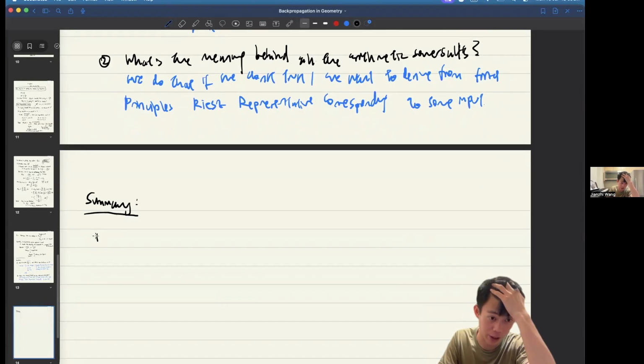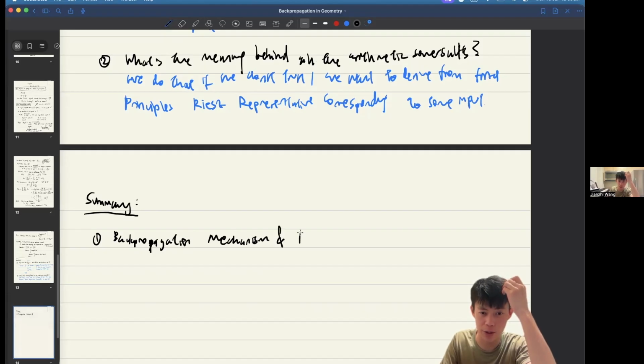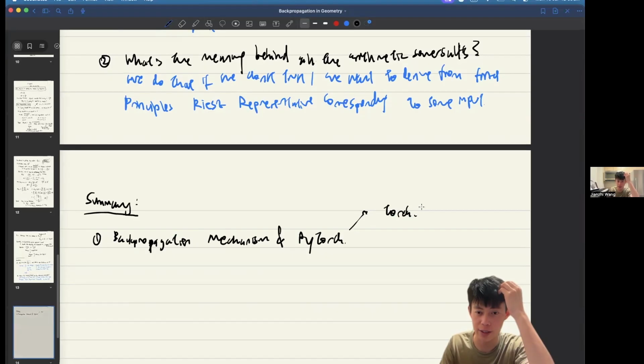So in summary, firstly we talked about the backpropagation mechanism and we explored PyTorch. Specifically, we know that torch.tensor has a .grad attribute and a .grad_fn attribute. This grad attribute should really be a covector.